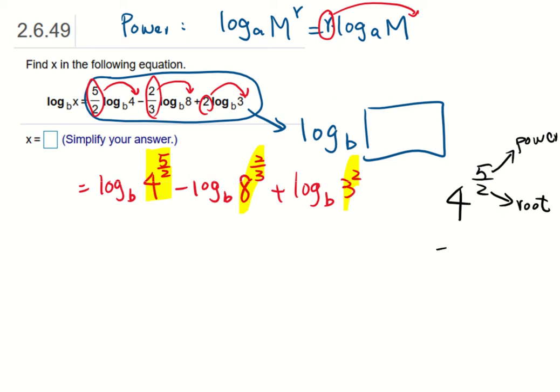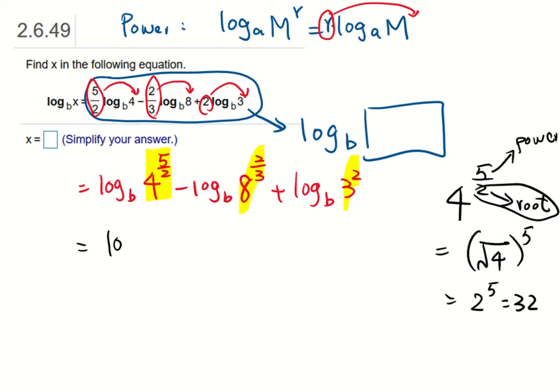So that means we need to take the second root and the fifth power on this 4. Okay, so 4 taken the second root will be square root. So basically square root of 4, then take the fifth power, which is 2 to the fifth, which is 32 here. Okay, so first of all, 4 to the power of 5/2 is 32.